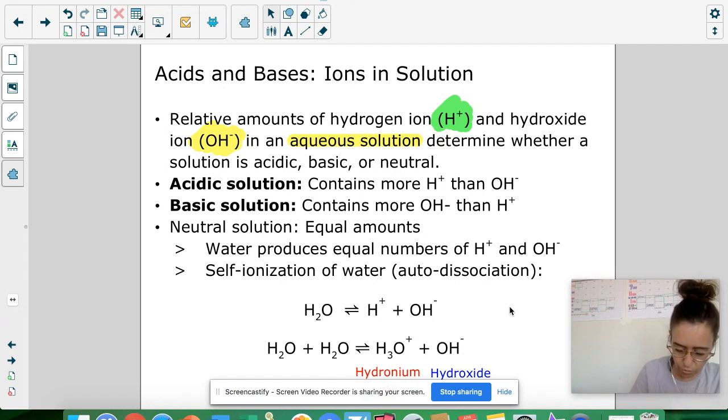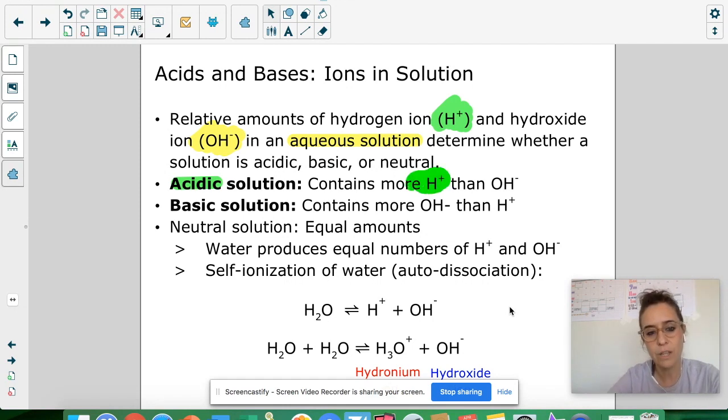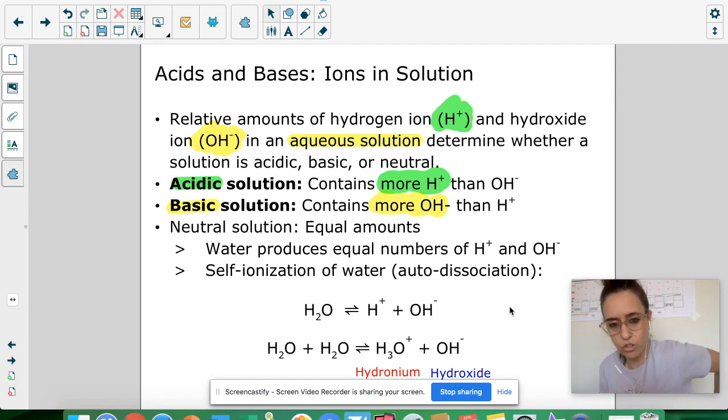An acidic solution will be a solution in water that contains more hydrogen ions than hydroxides. And what's going to be a basic solution? A basic solution would be a solution in water that contains more hydroxides, so more OH negative ions than hydrogen.